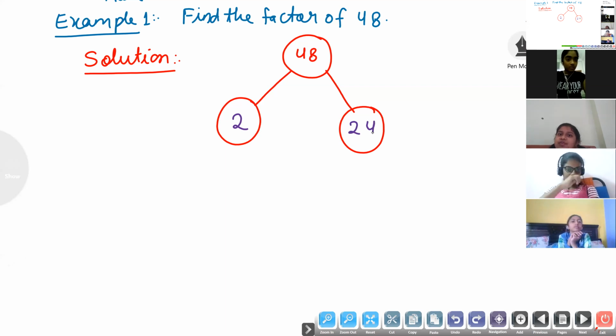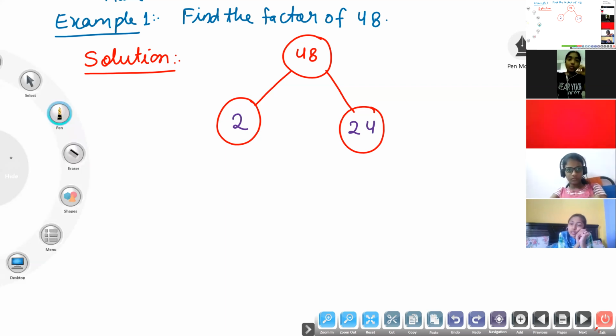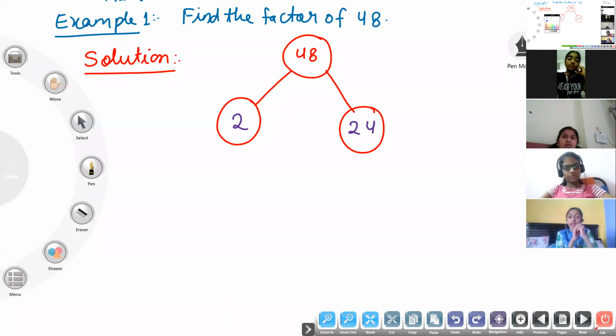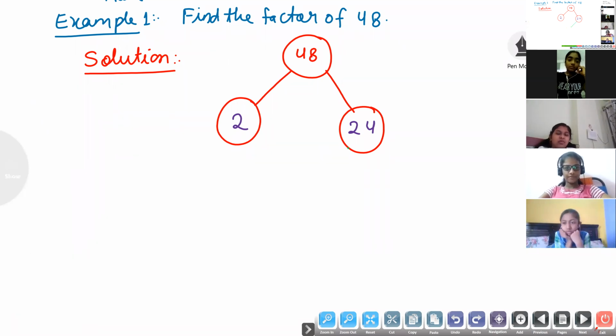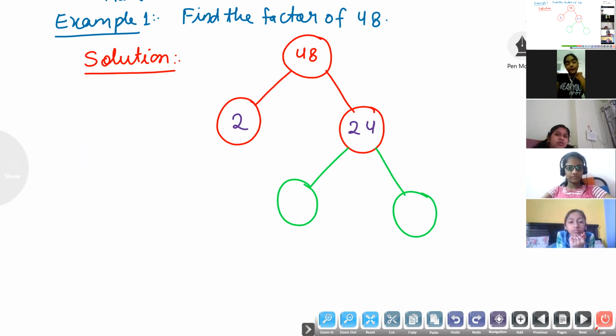Again 24, I want to divide by the least number, 2. 24 divided by 2, what will come? 12. Again 12 I can divide by 2.